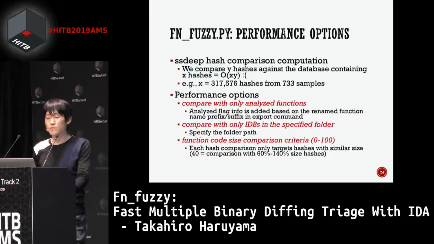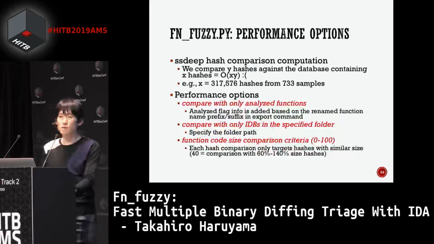Needless to say, if there are a lot of functions, the hash comparison computation will cost a lot. We compare Y hashes against the database containing X hashes. The computation will be O(XY). So in order to reduce the computation cost, FN Fuzzy provides 3 performance options.